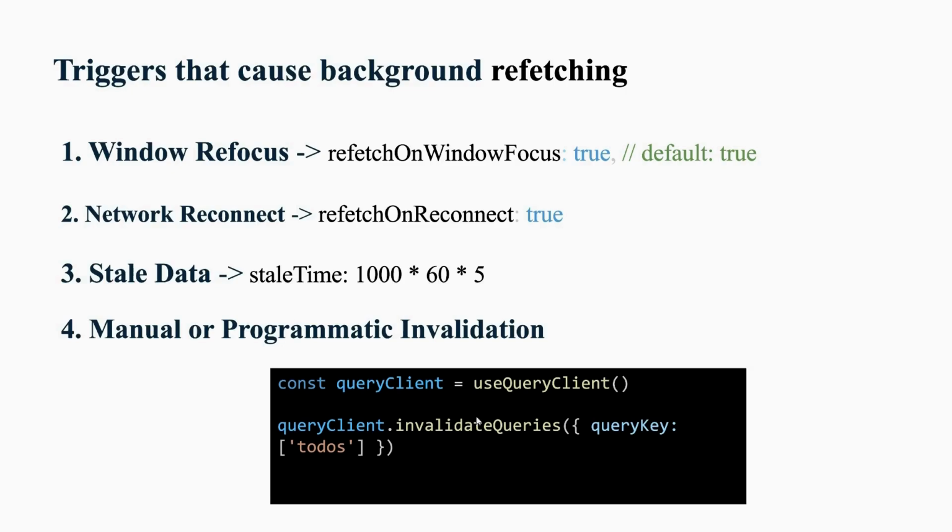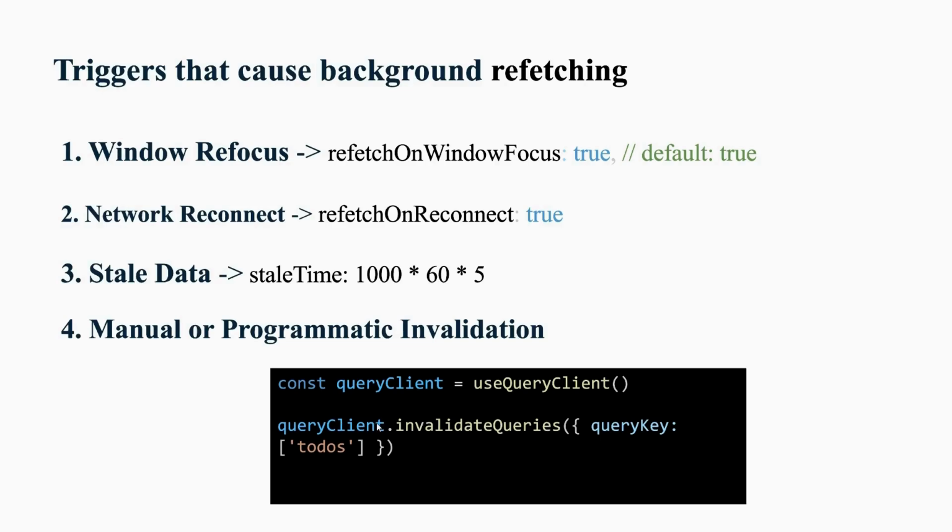When the data is cached and we perform some CRUD operation like updating, deleting or inputting some kind of data, you can tell React Query to invalidate this query. That is, we are saying that the cache data is invalid and to refetch the latest one.